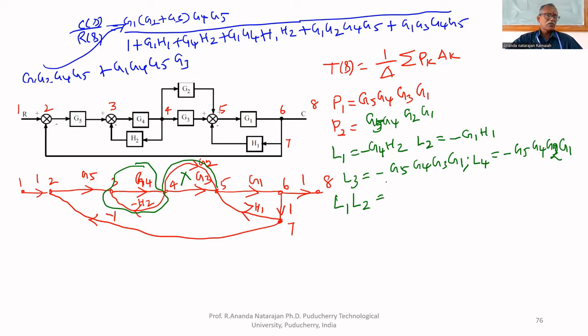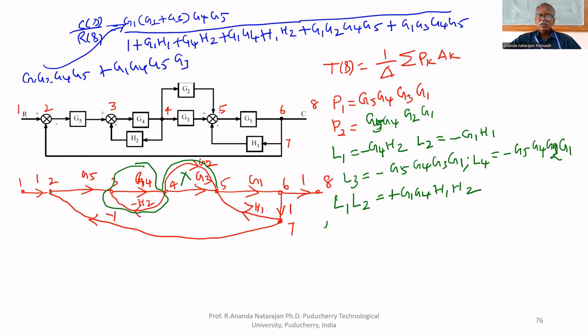What is the gain? Plus G1, G4, H1, H2. That's all. No three non-touching loops, definitely no, because only two non-touching loops are there. So we can find the delta.